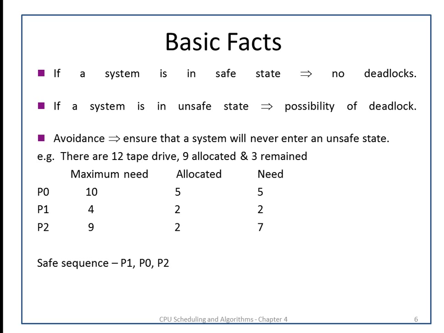After finishing its execution, 10 tape drives will be returned to the system, which can satisfy the need of process P2. So the process P2 execution will finish. In this way we have the sequence P1, P0, P2 in this particular example.